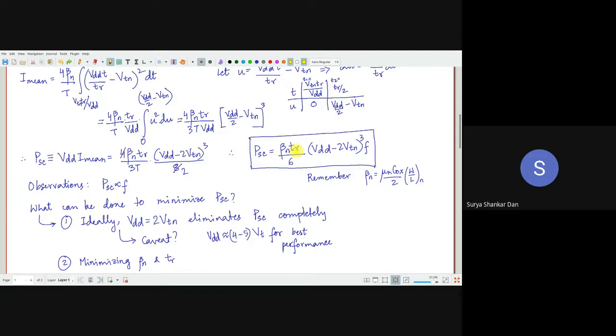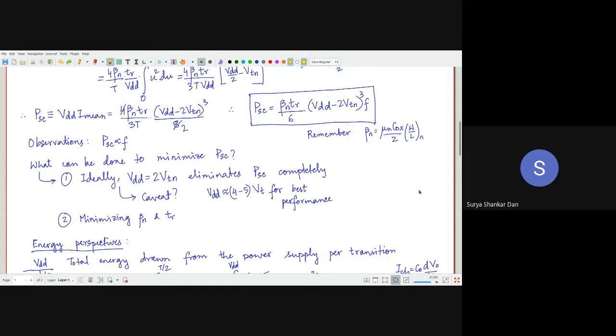Then based on this, what can be done to minimize the short circuit power? The best one is ideally VDD if you can make it as 2 VTN. अगर आप किसी तरह से ये कर सकते हो, what does it mean? आप कितना भी फ्रीक्वेंसी कर लो, जो मैंने पहले ही बताया कि this restriction is always there. सो जितना हाई फ्रीक्वेंसी बढ़ाओगे उतना का शॉर्ट सर्किट पावर भी बढ़ेगा.